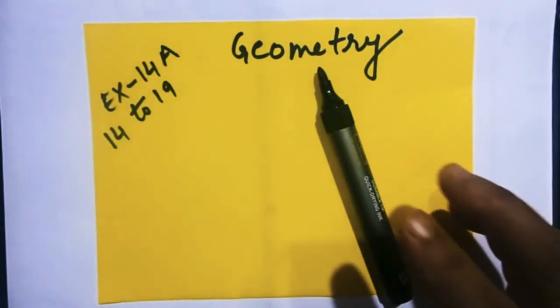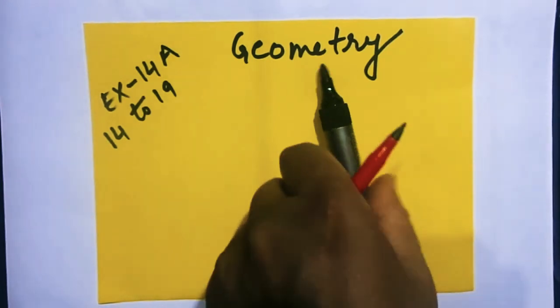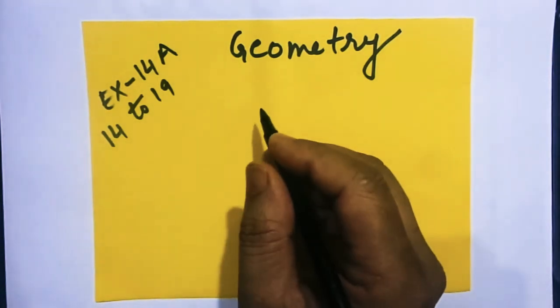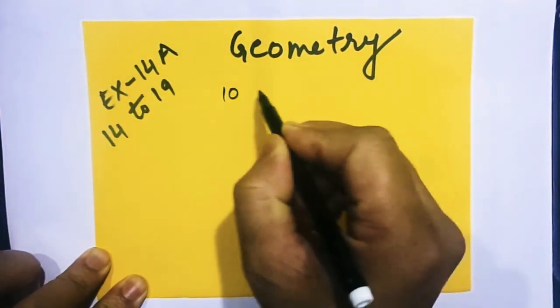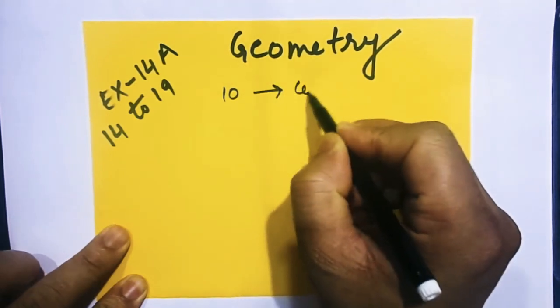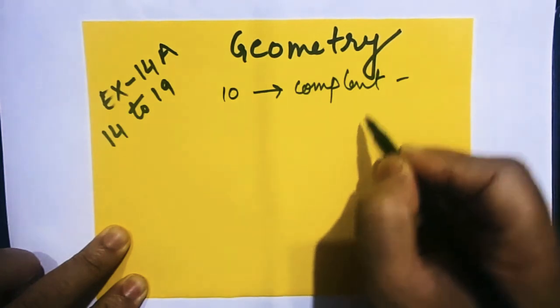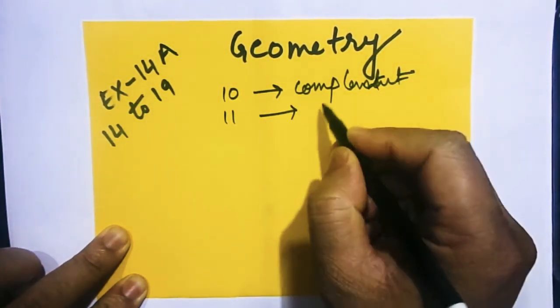So my dear all, from question number 10, we are dealing with complementary and supplementary angles. In question number 10, we dealt with the complement: find the complement. In number 11, we dealt with find the supplement.